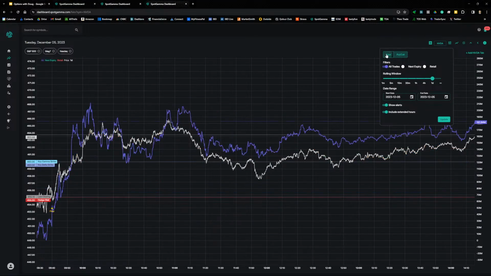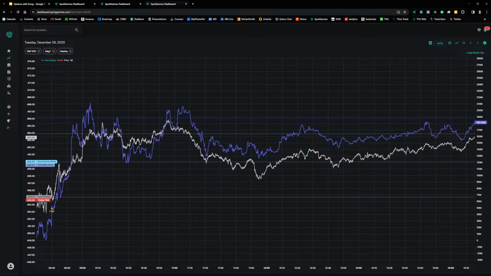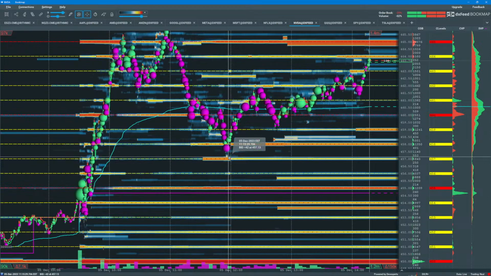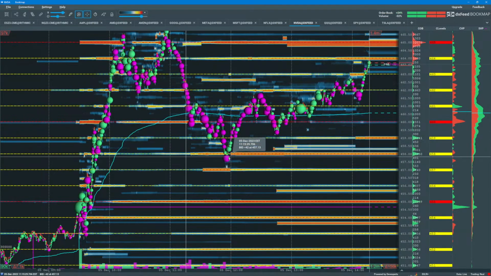Get back to the total signal. All right, so very strong day in NVIDIA. Let's go take a look at Bookmap. So remember, NVIDIA reported earnings last week, I believe.